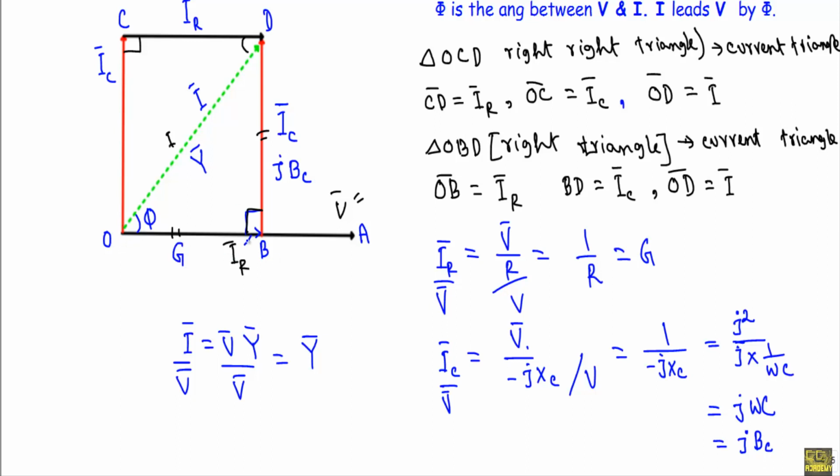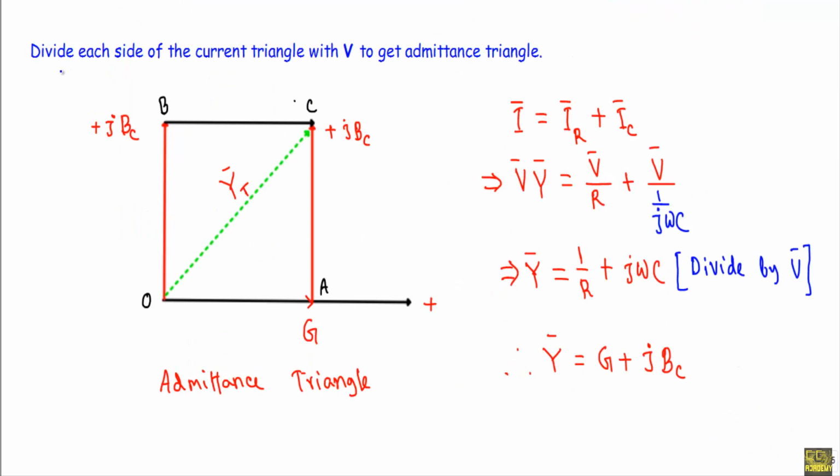If I divide each side of the current triangle by the voltage phasor V, a similar case applies to triangle OCD. This OC will indicate jBC because it is representing IC, and this CD will represent G. So if I divide each side of the current triangle by V, we will get the admittance triangle.